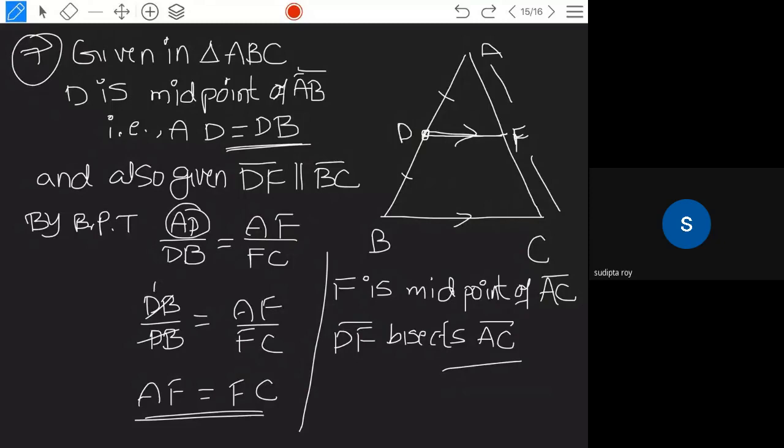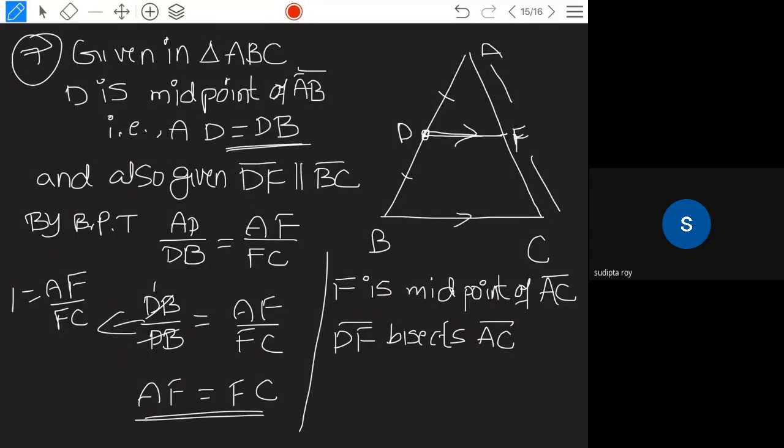So DB by DB is 1, and you get 1 is equal to AF by FC.